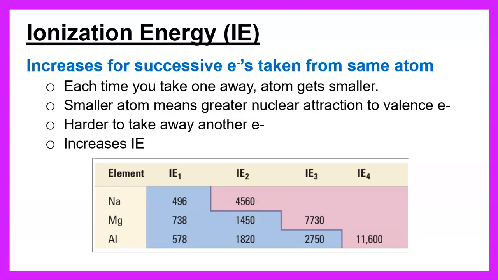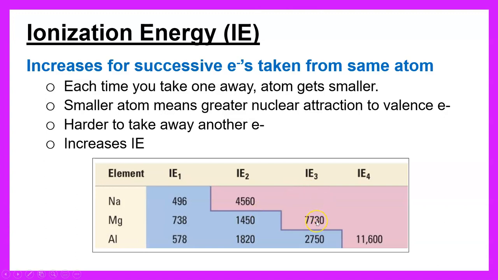It's that it's a smaller atom, so it's harder to take an electron away because the nuclear attraction is so much larger, because the atom got so much smaller. You can see for magnesium, the first one is okay. Second one's harder because it's smaller, but it's not terrible.